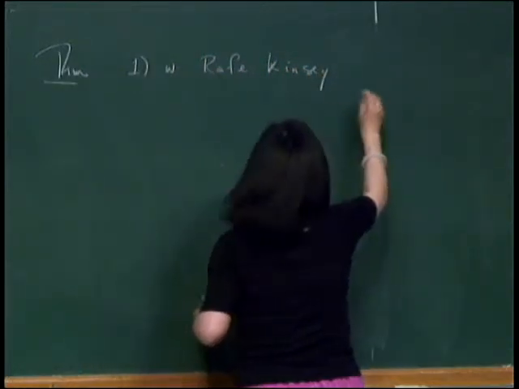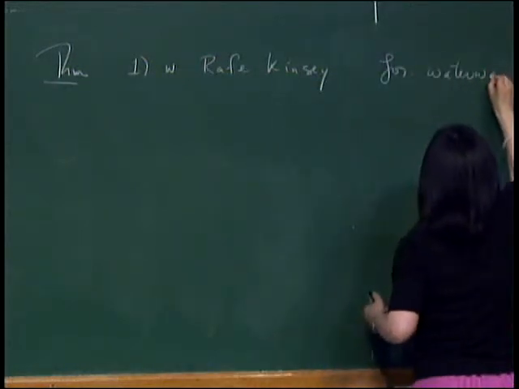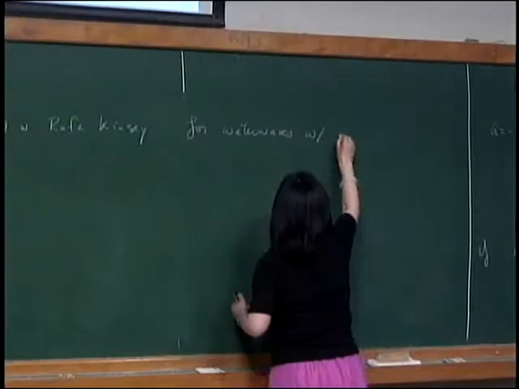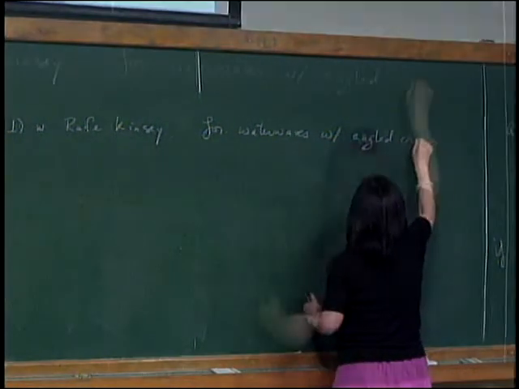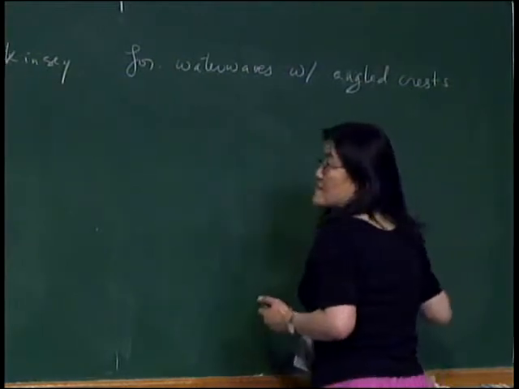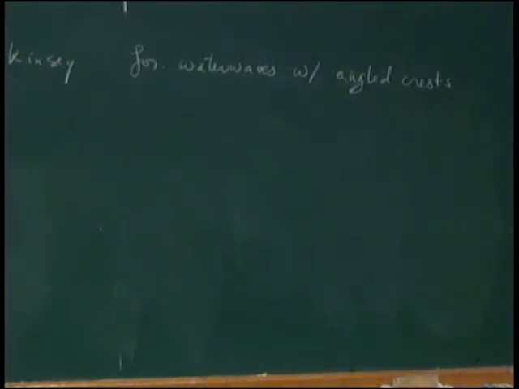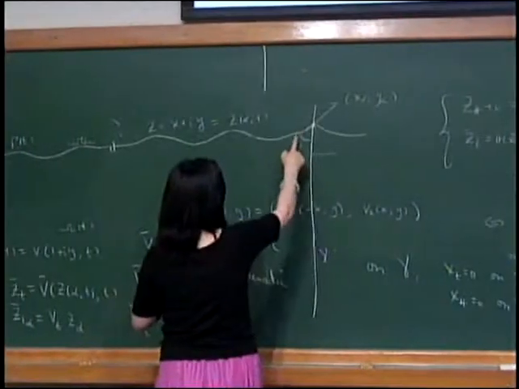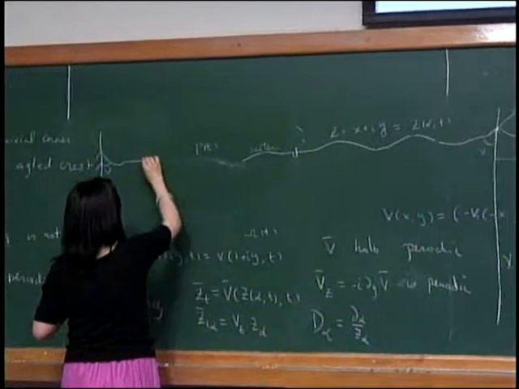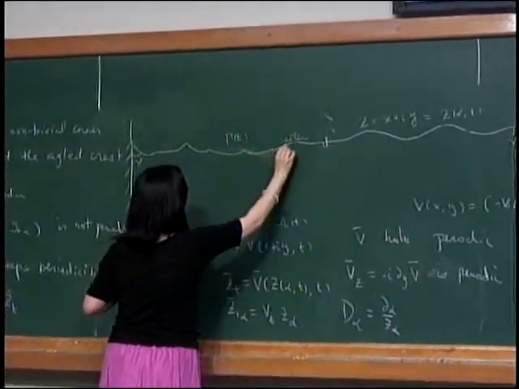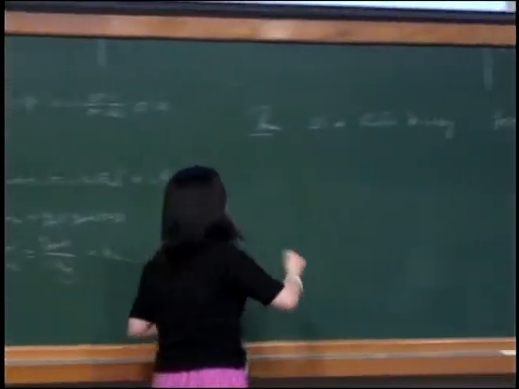So for water waves with angled crest, that means the wave can have a kink in the middle, and there can also be an angle at the corner, and also angles like this.